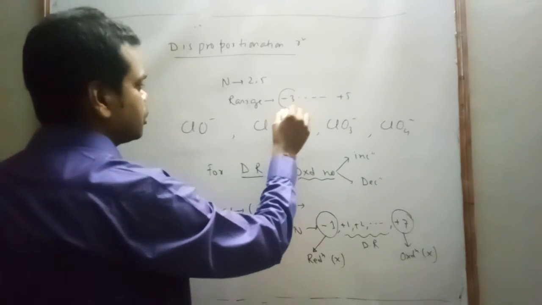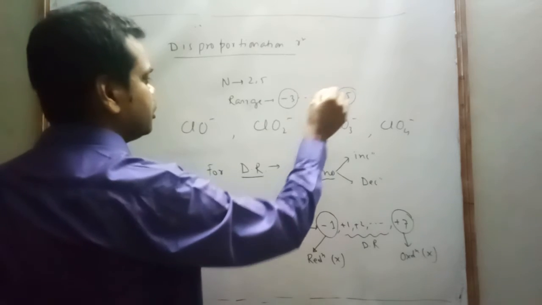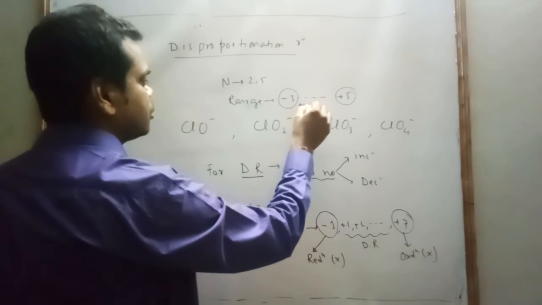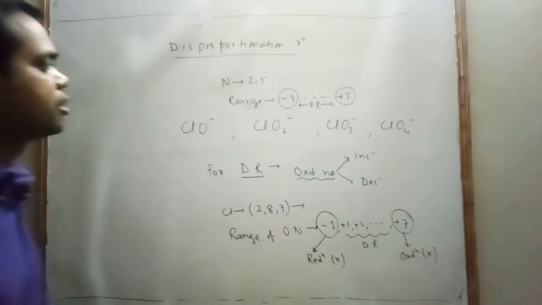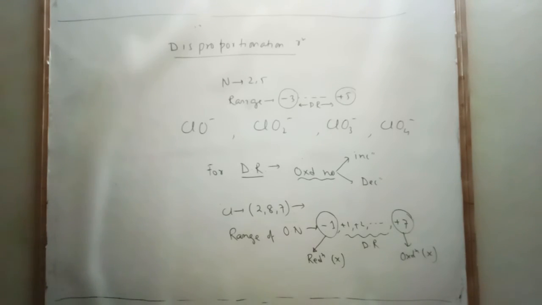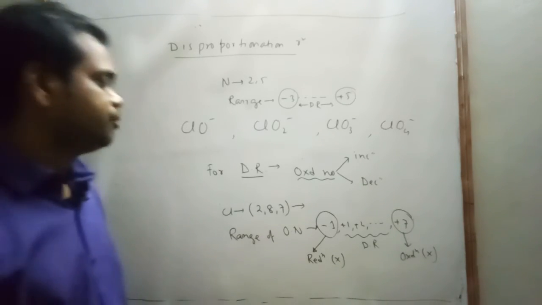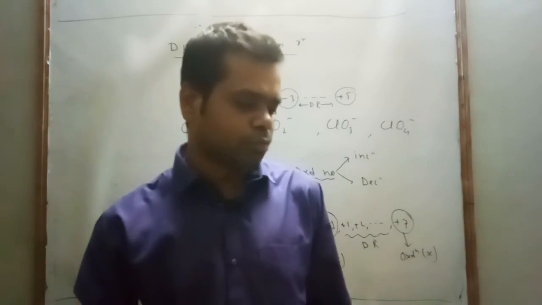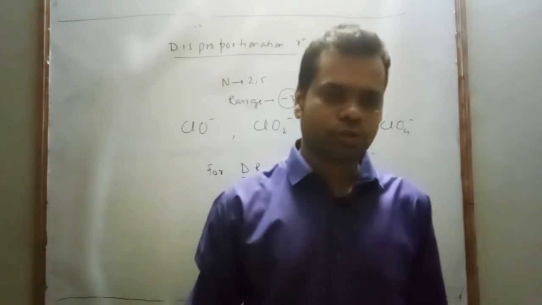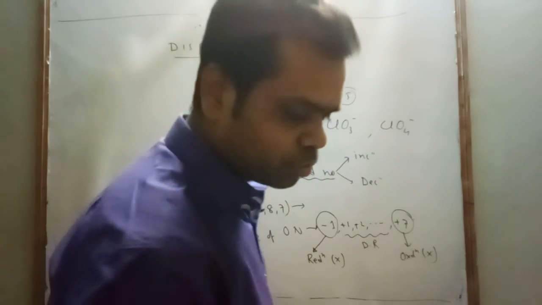In between, whatever the number may be, these undergo a disproportionation reaction. But -3 and +5 do not undergo a disproportionation reaction. So any element in its middle oxidation number undergoes a disproportionation reaction. So you remember these things.